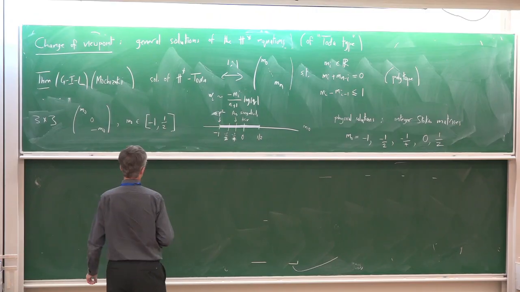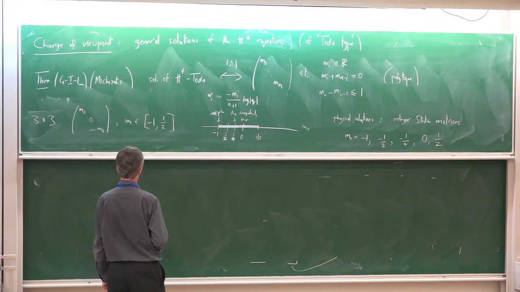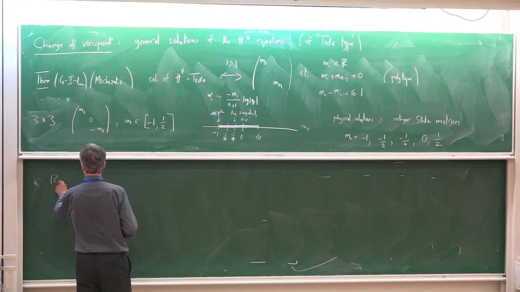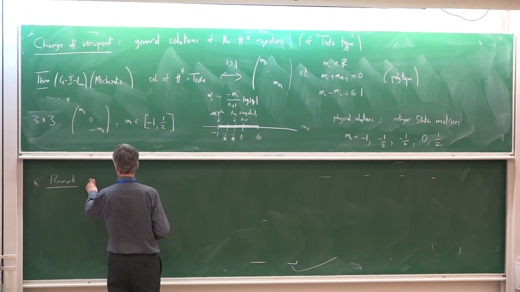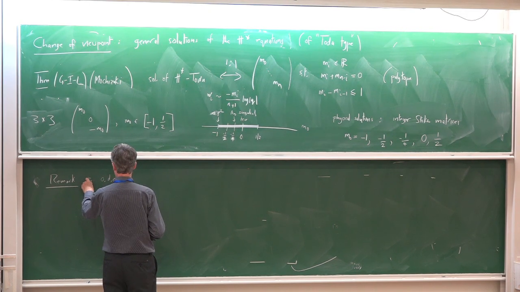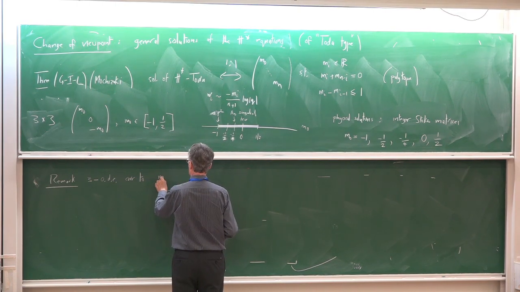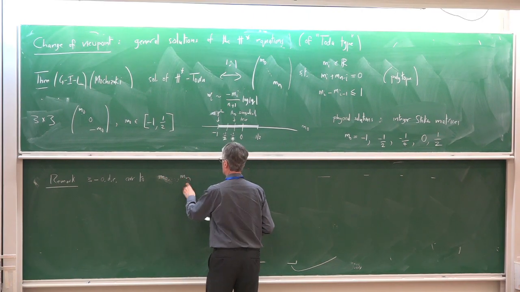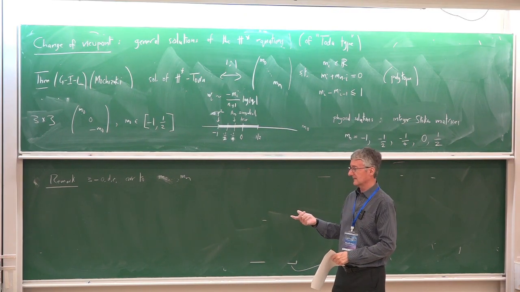But before I get to the 3 by 3 example, let me just remark that these Toda equations correspond to the zeta ODE corresponding to M0 to M. So for each choice of parameters, you get a different zeta equation.